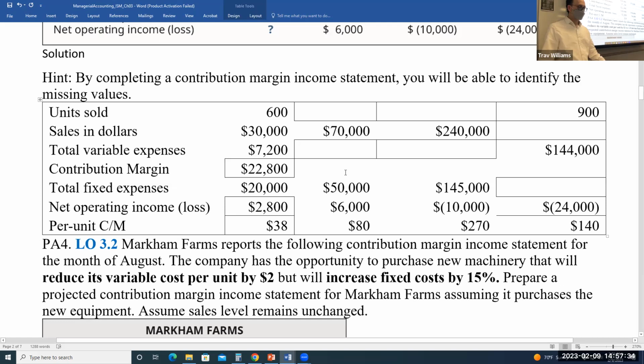Contribution margin. Well, let's look over here. Here we had contribution margin minus fixed costs gave us net income, right? 56,000. So working backwards, net income plus fixed expenses is our contribution margin.